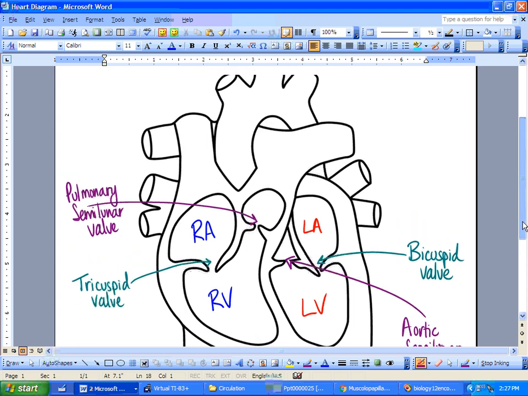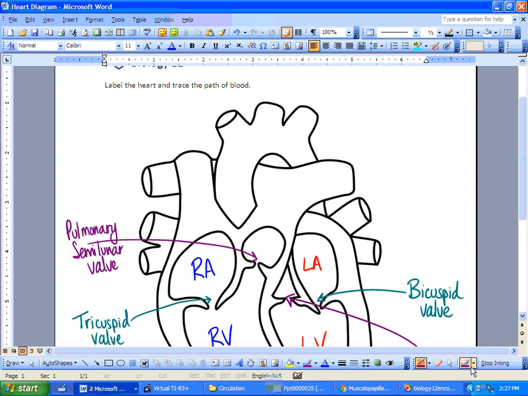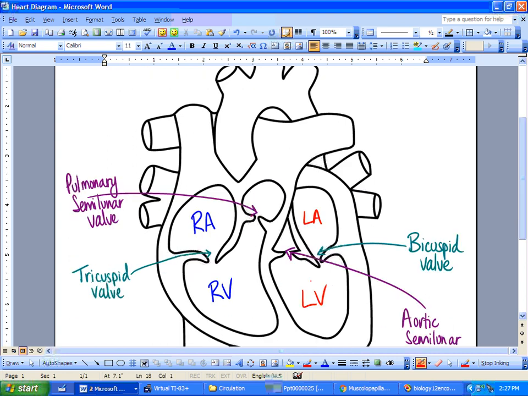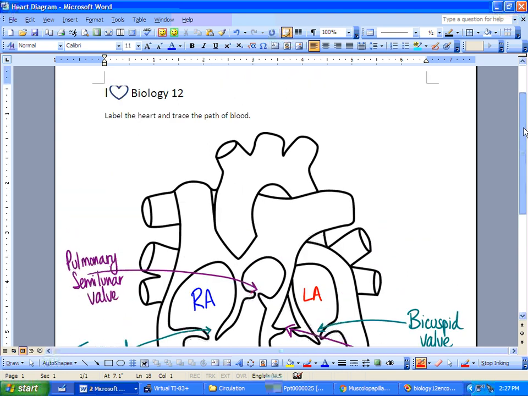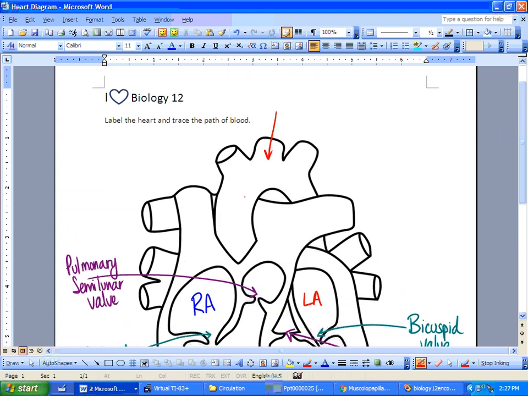There are some blood vessels that we should probably know along the way here. Hopefully you can see the left ventricle here is going to squeeze, and then the path of blood is going to go up to the top here. This giant horseshoe-shaped blood vessel, that's your aorta. That's the main pipe coming out of your heart that's going to carry blood all to your body.